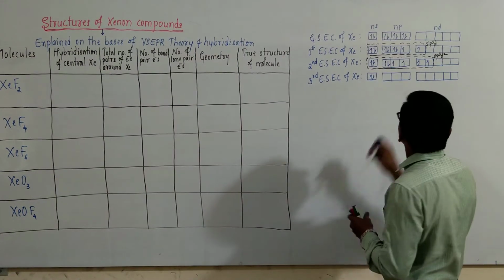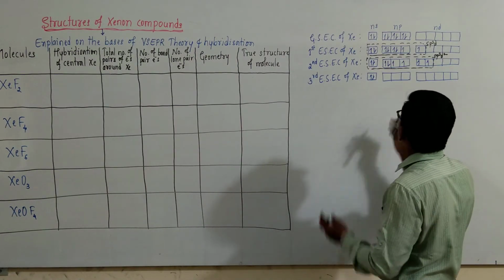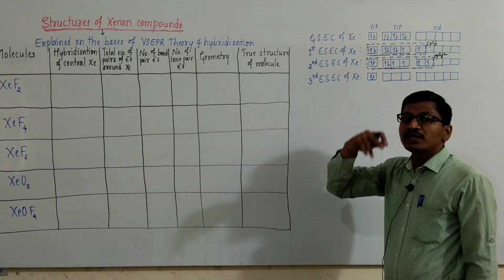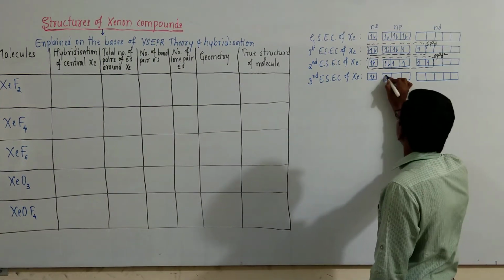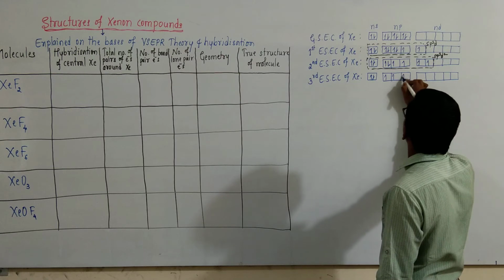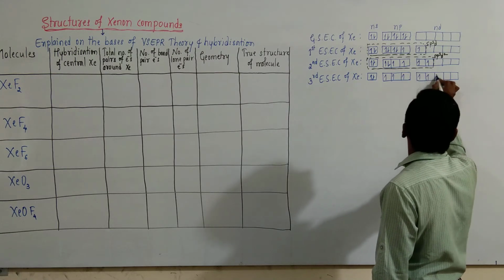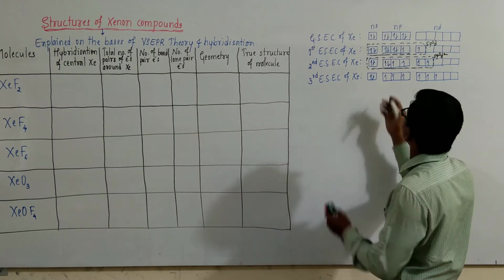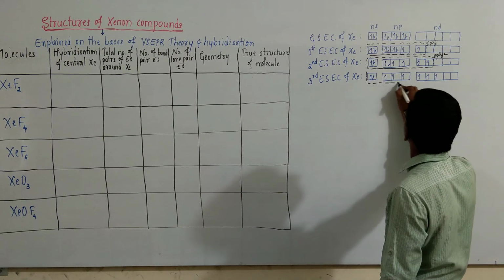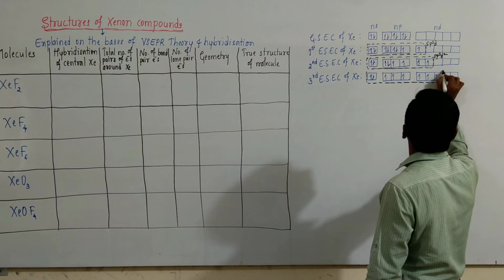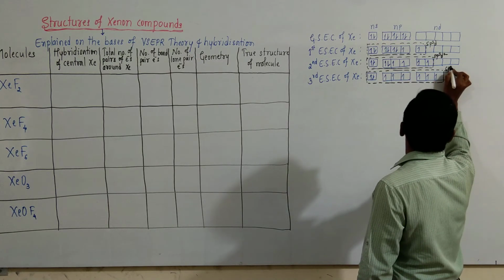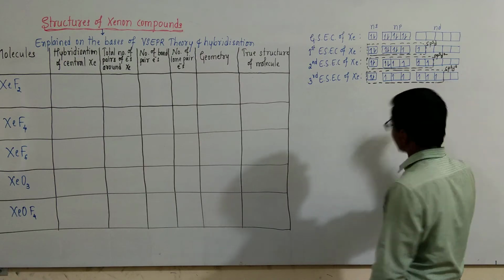And in the third excited state electronic configuration, all the 3 paired p electrons are unpaired and shift to the vacant d orbitals, and it forms 7 equal energy hybrid orbitals, and the hybridization of central xenon is sp3d3.